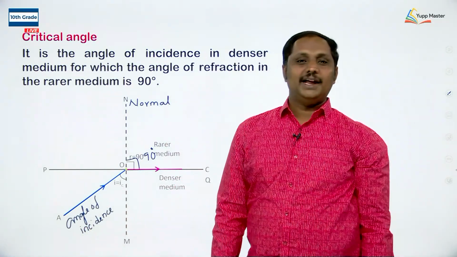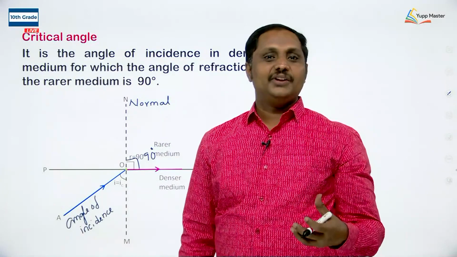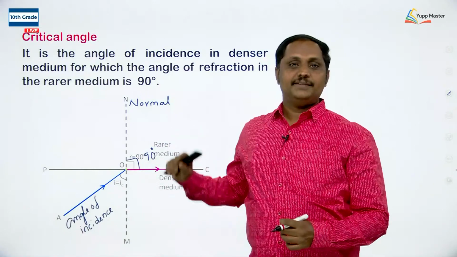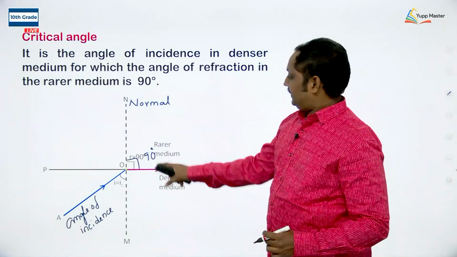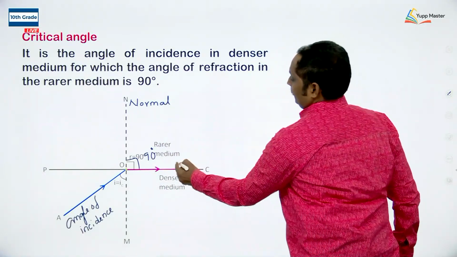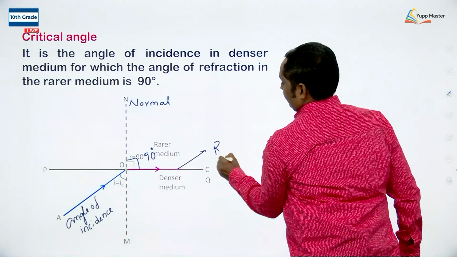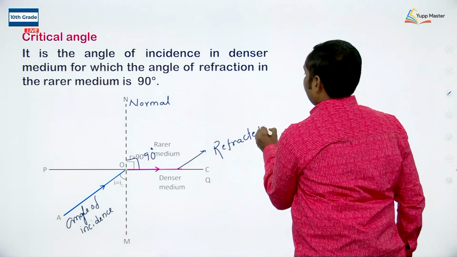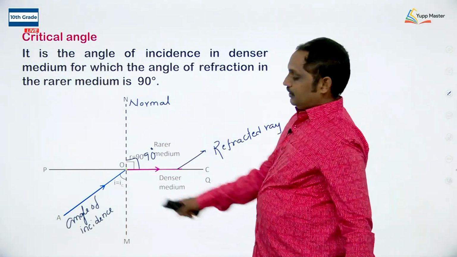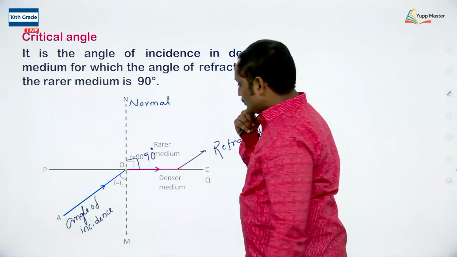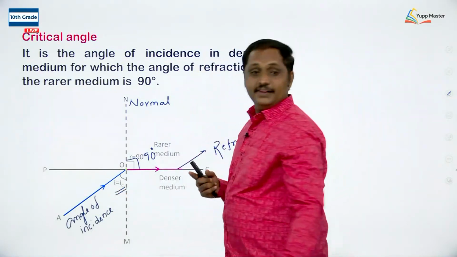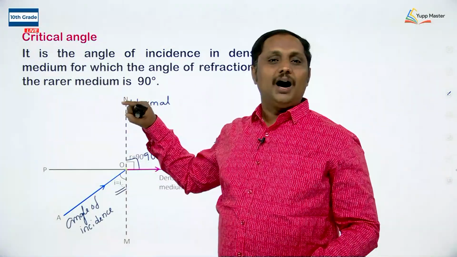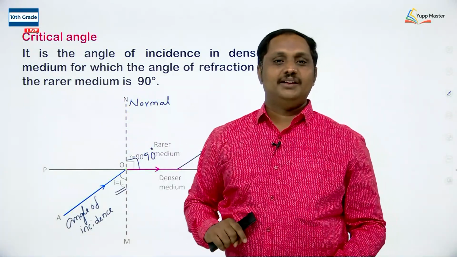What can you say about the critical angle? Critical angle is the angle of incidence at which the angle of refraction becomes 90 degrees. This is the refracted ray. This is the critical angle. So, you will confirm that at I is equal to IC, you will get R as 90 degrees.